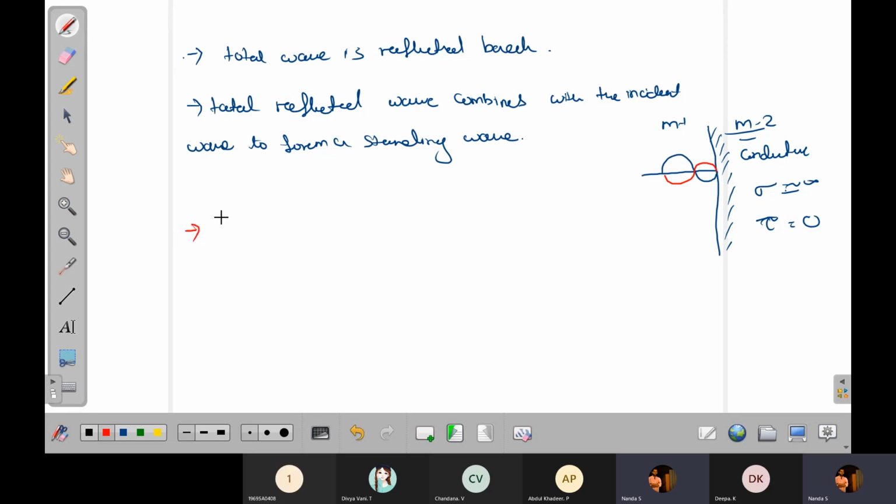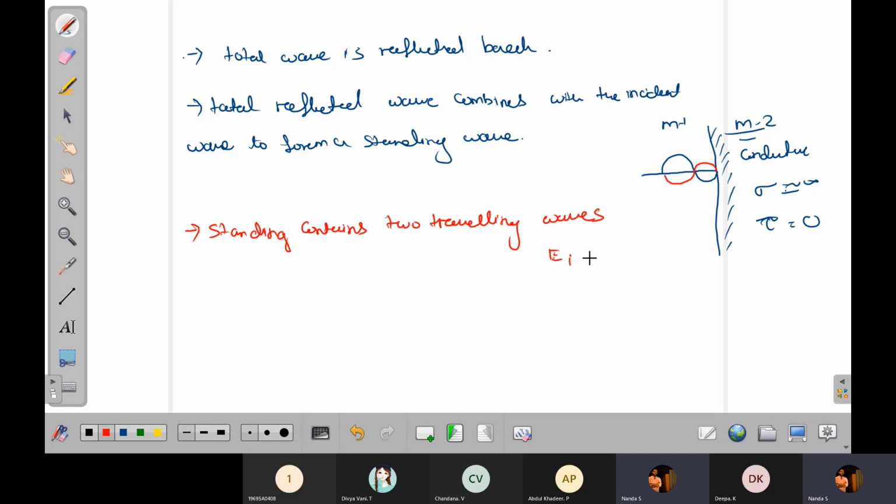So a standing wave contains two traveling waves. What are the two traveling waves?